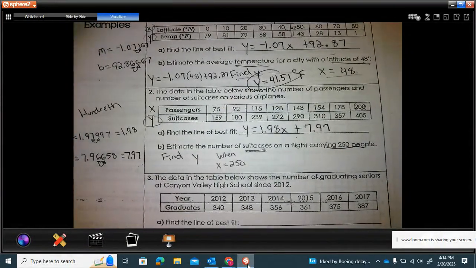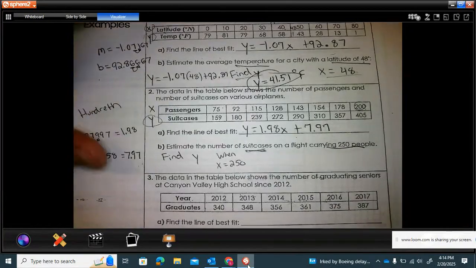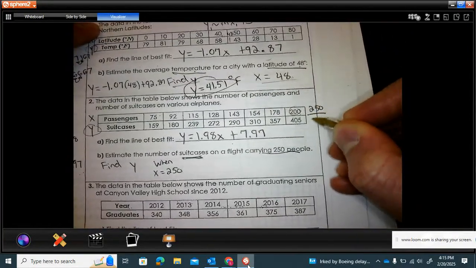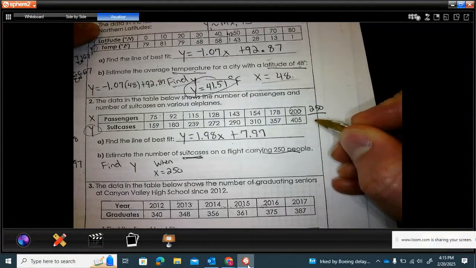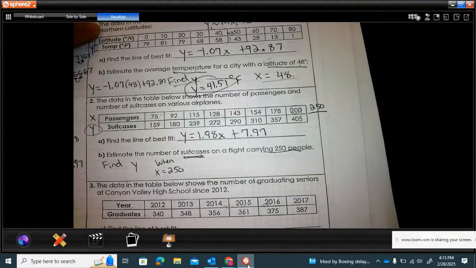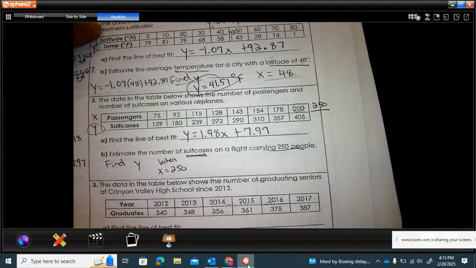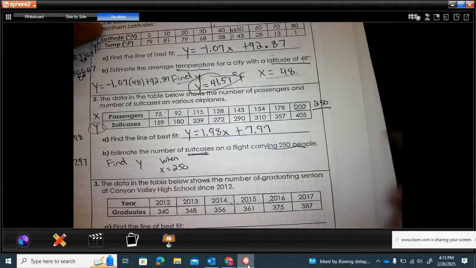So basically what you're saying is if this same pattern was to continue and you had 250 people, we could guess it's probably going to be over 405 suitcases. But what would it be, like a really specific guess? You're using the line of best fit to predict what it would be without actually having the data points.